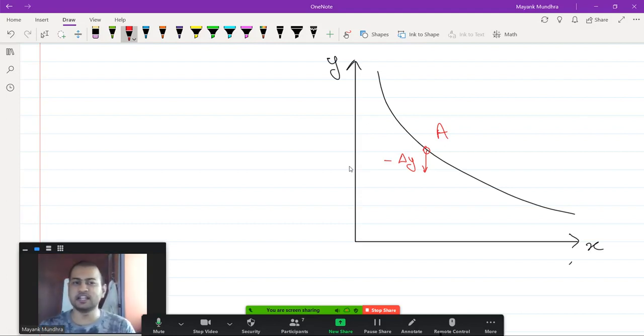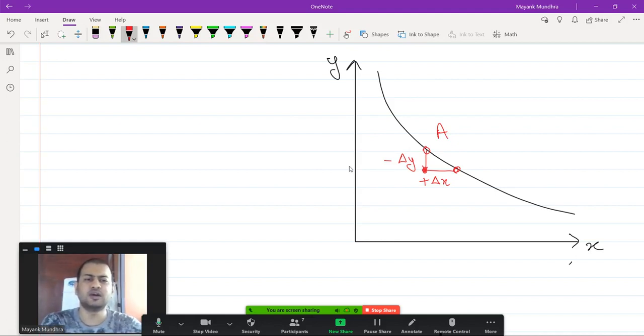So agent A says, I am your friend and I want to help you, but at the same time I do not want to make myself worse off. So I am willing to give you delta Y amount of good Y if you can substitute some delta X amount of good X and put me back on my indifference curve. If the agent is put back on his indifference curve, he has not been made worse off.